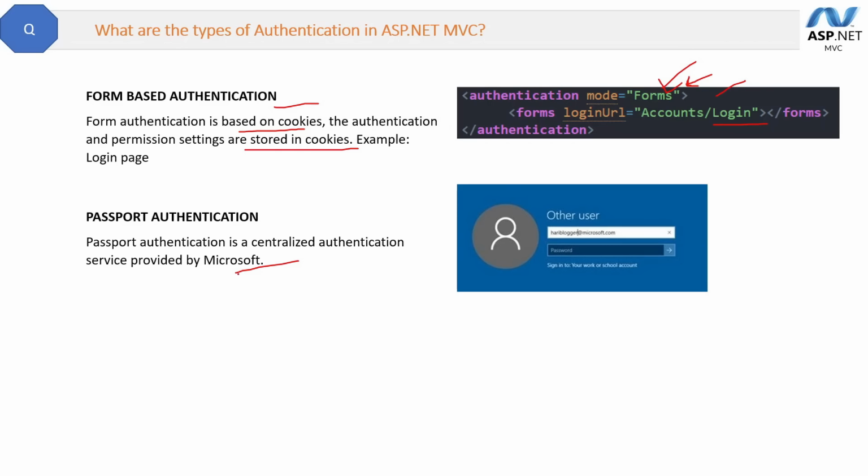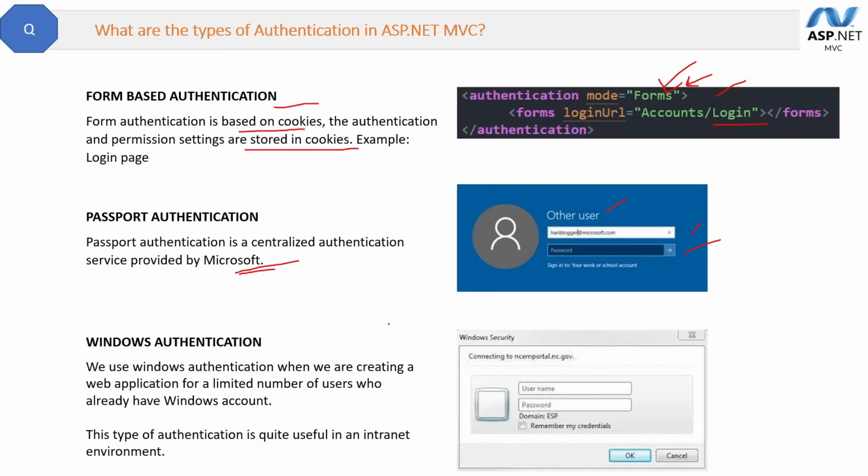But Microsoft has provided passport authentication. If you use that in your application, you have to integrate it first and purchase it from Microsoft, and then the user has to be authenticated like this. The username and password are the same, but Microsoft servers will authenticate the users. From a security point of view, it is a good authentication, but there is some cost associated with it, so you have to bear that cost.